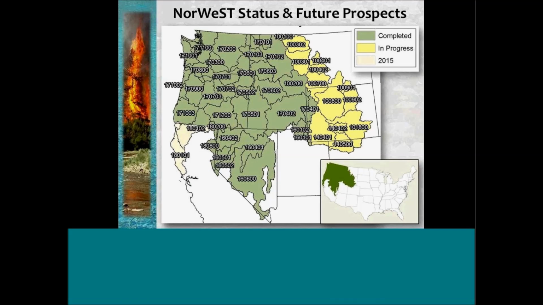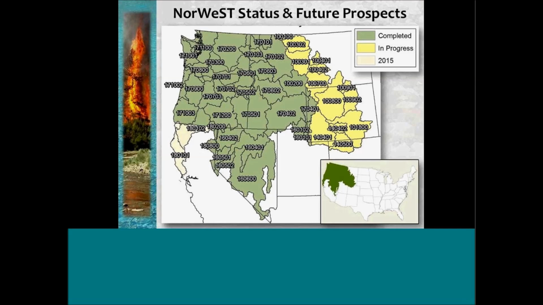Where things are now currently, we've done the scenarios for the Northwest. We've done them also for the Lahontan Basin through some collaborative work with Trout Unlimited. We're in the process now of the east side and finishing the scenarios for central Montana and the state of Wyoming.